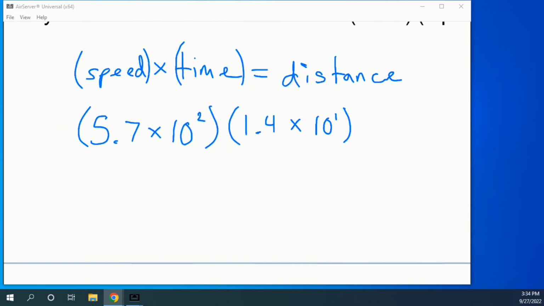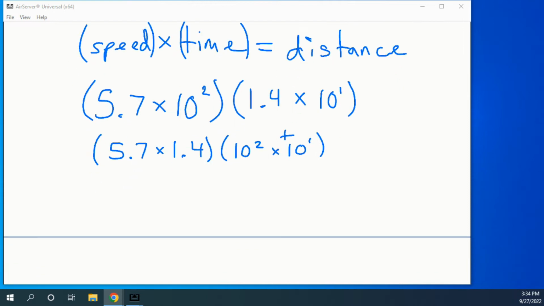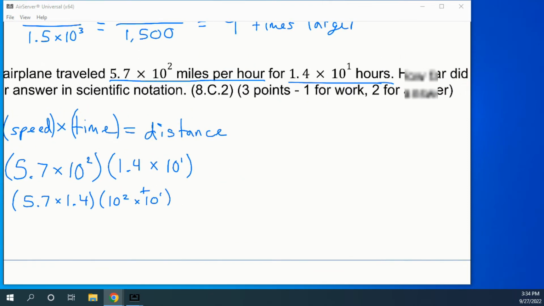Since this is multiplication, we are just going to rearrange these so we get our 5.7 times 1.4 into one parenthesis, and then the 10 squared times 10 to the first into the other parenthesis. And you can add these exponents and just multiply in the other one. So we've got 5.7 times 1.4, which gets me 7. I'm going to write this over here.